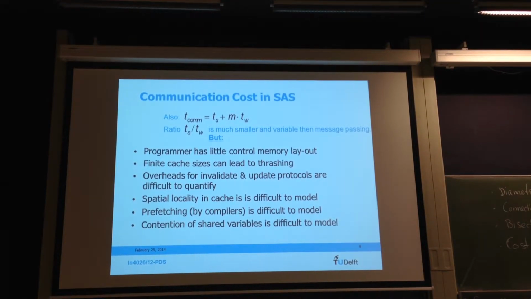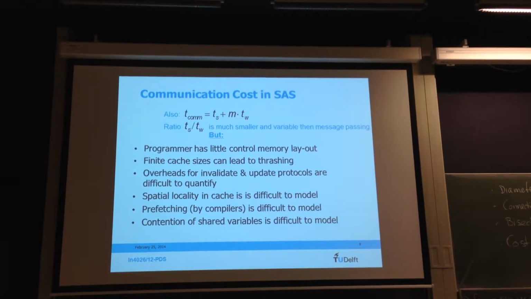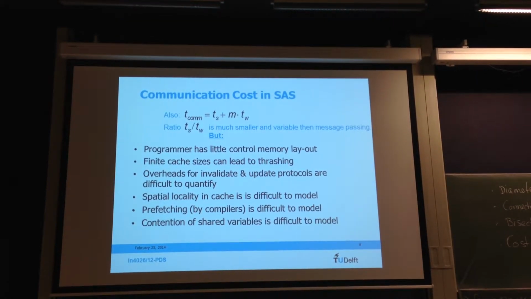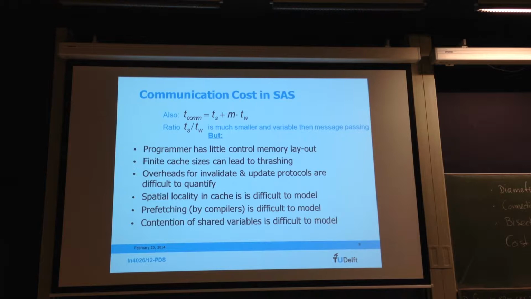So the take-home message is that it's similar, with the lower ratio of the constants, but there are all these factors which cause variability and make things difficult to model. On the other hand, if we're talking about communication costs, we're talking about large systems, and they're distributed memory by nature anyway because of the scalability problems we have with shared address-based systems.